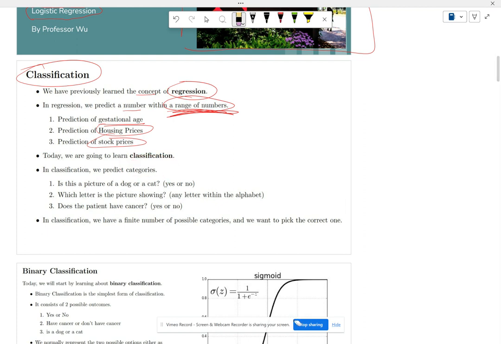Examples: is this picture of a dog or a cat? Which letter is the picture showing, any letter within the alphabet? Does the patient have cancer, yes or no? These are categories which we're predicting instead of a particular number.